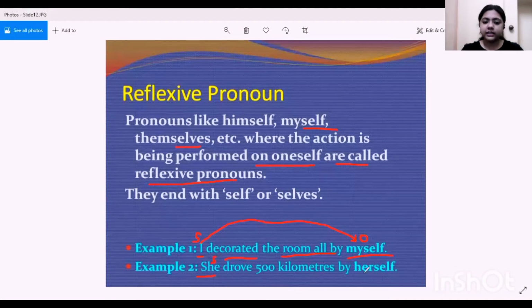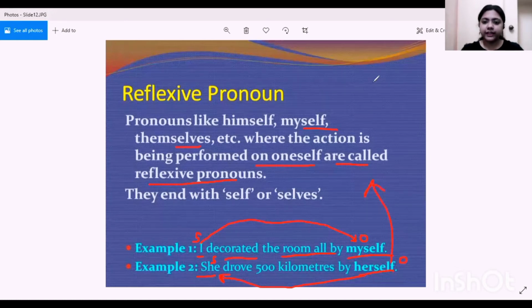Then again, herself is referring to whom? Herself is referring to the same person, she only. So the subject and the object are just the same. That is why we will use herself. Alright, so she drove 500 kilometers by herself. That is the reflexive pronoun.